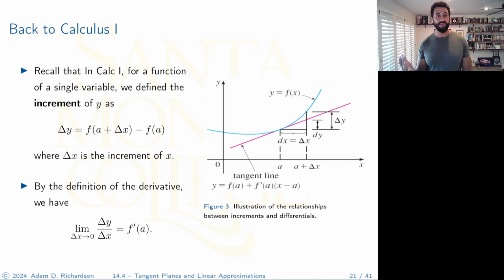So if your professor was particularly rigorous, they may have introduced this characterization of differentiability in order to prove the chain rule back in Calc 1. If you look in section 2.5, the very end of that section is a proof of the chain rule. And in order to do that proof, they introduce this definition of differentiability.